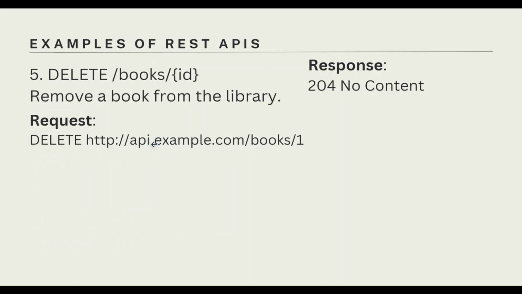Whenever we are doing this in Spring Boot locally, instead of this domain we will have only localhost, the host name. Here you can see the same URI is there, but the method is different, that is why they are not the same. We'll get the response 204 no content, which means our data, that particular book, is deleted.